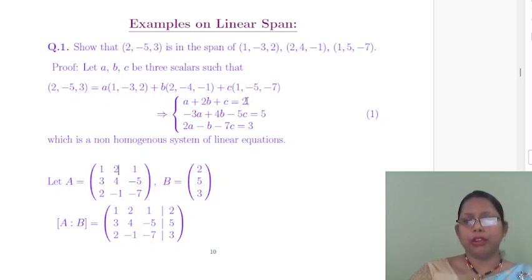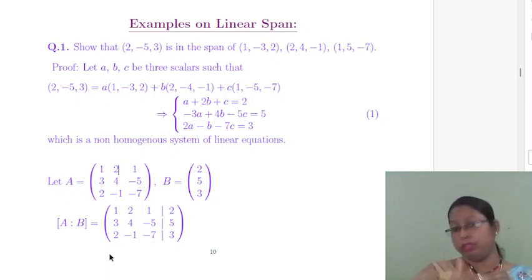Then B is the column matrix obtained by taking the right hand side of this equation, that is 2, 5, 3. So look here, if in the initial stage you make a mistake, then this mistake will be propagated up to the end. In that case, you will never get more than 2 marks, even if this question asks for 5 marks.